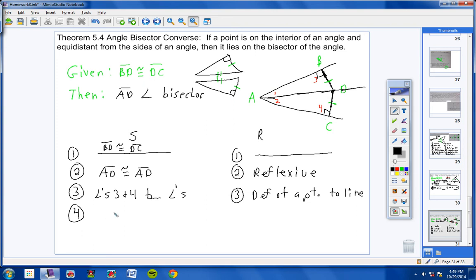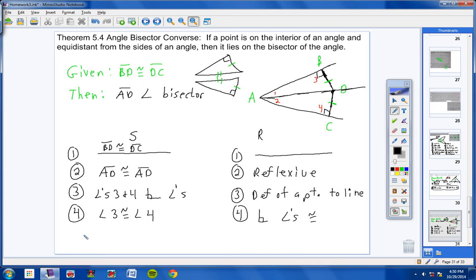Now, once I state that these two angles are right angles, then I can state that angle 3 is congruent to angle 4, okay? Because right angles are congruent. Okay? Now, look what I've stated, guys.